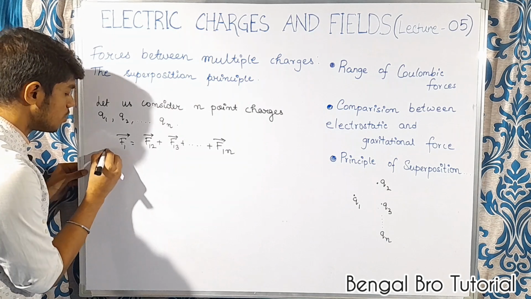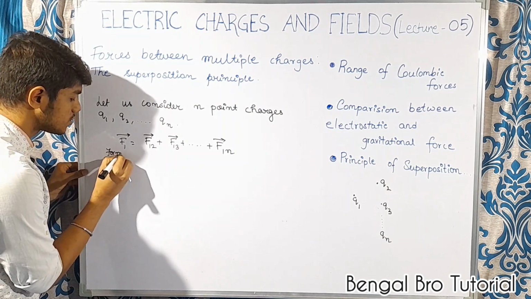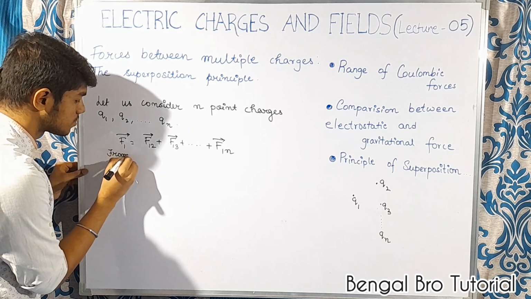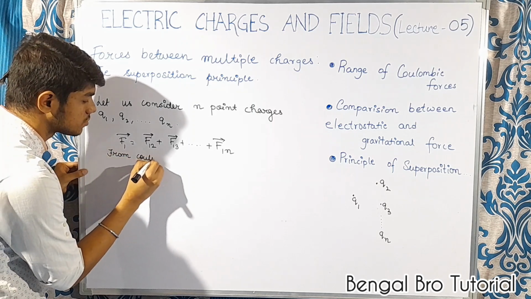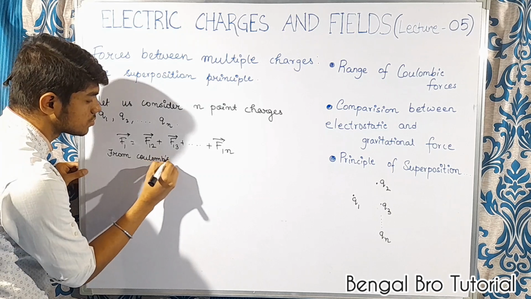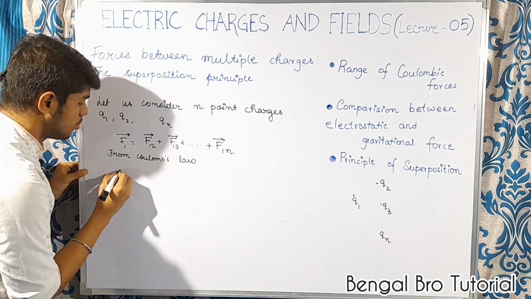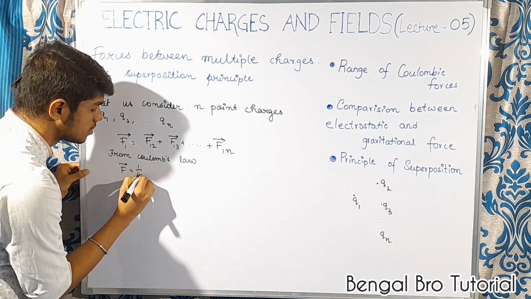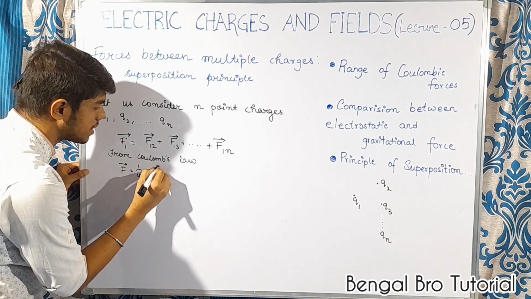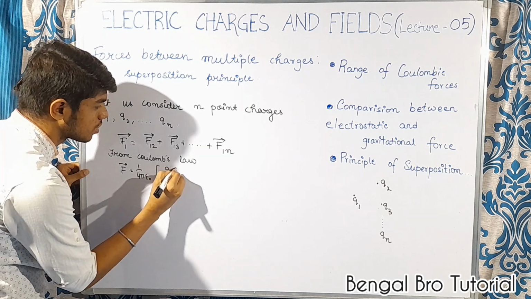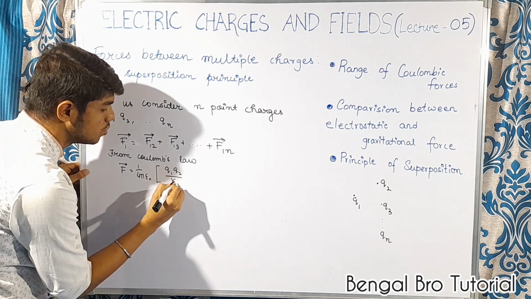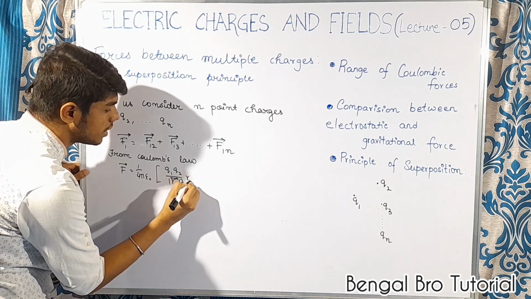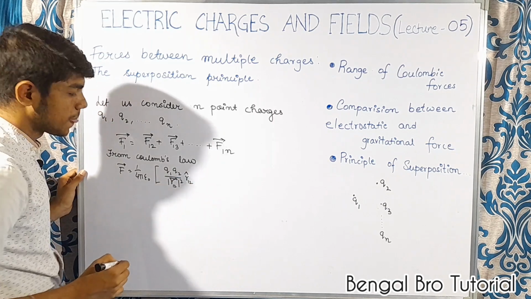Now from Coulomb's law we can write that, do you remember, F12 can be written as 1 by 4 pi epsilon naught Q1 Q2 by mod of R12 square into R12 cap.